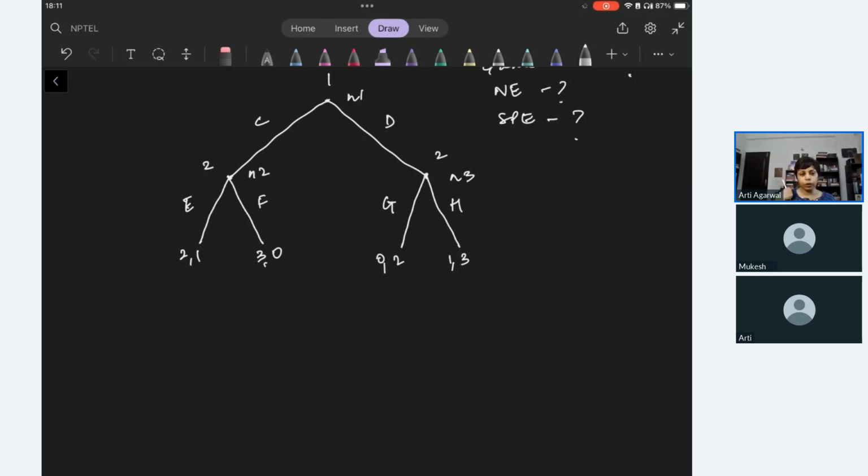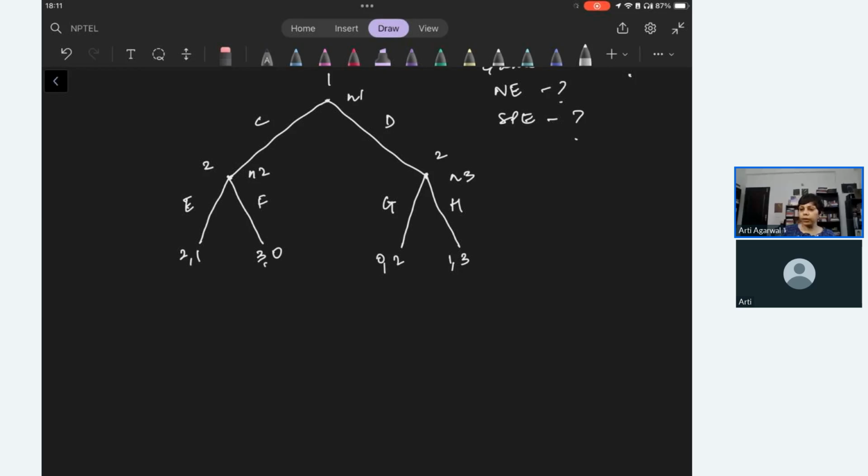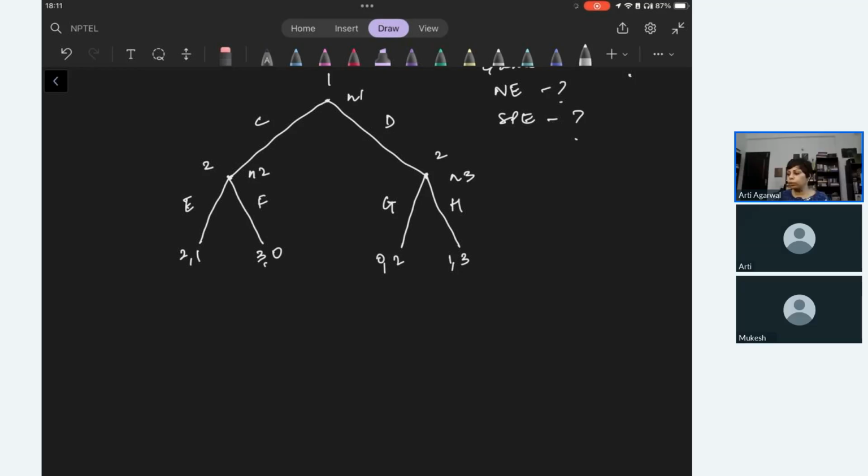So at node N2, player 2 has strategies E and F, and at node N3, he has strategies G and H. But we will not write it as just E, F, G, H, right? We are going to write this in a different format in which we can actually identify all the strategies available to player 2. Okay, so we'll come to that.